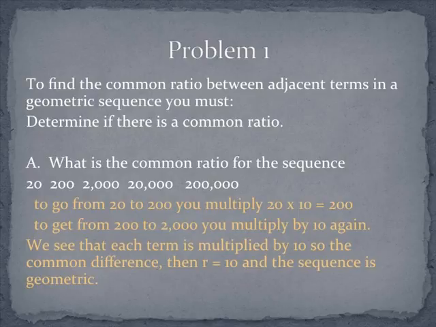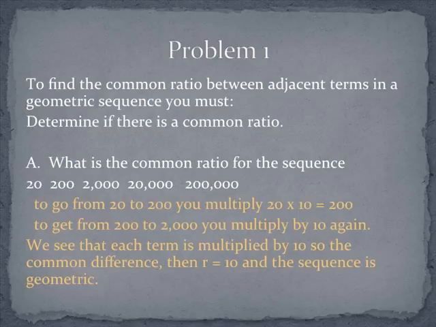Let's look at problem number 1. To find the common ratio between adjacent terms in a geometric sequence, you must determine if there is a common ratio. Here's part A. What is the common ratio for the sequence 20, 200, 2,000, 20,000, and 200,000?